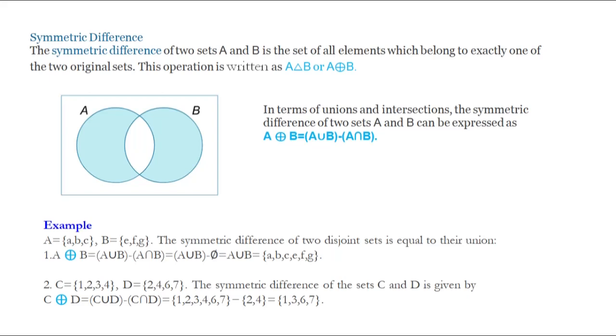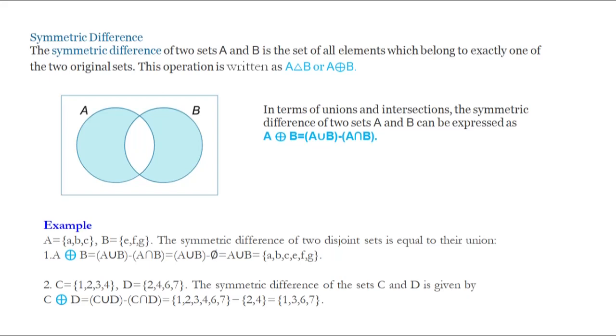Coming to the symmetric difference, the symmetric difference of two sets A and B is the set of all elements which belong to exactly one of the two original sets.